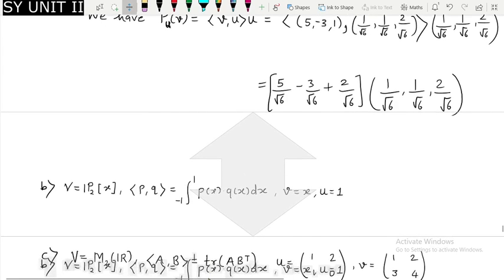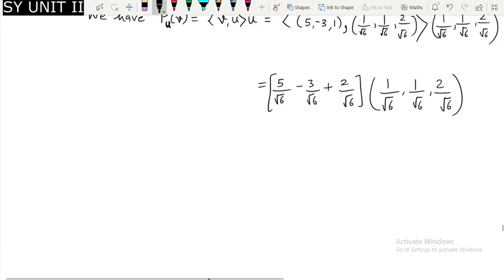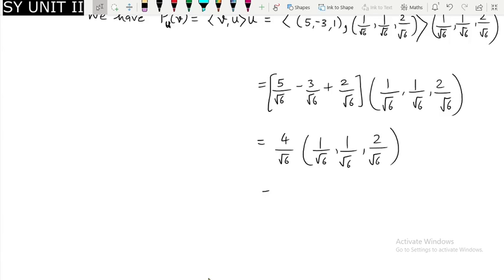So therefore this is equal to 4 upon root 6 inside the bracket 1 upon root 6, 1 upon root 6 and 2 upon root 6, so which is equal to, so root 6 times root 6 will be 6, so I guess it will be 4 upon 6 comma again 4 upon 6 and comma 8 upon 6, so which when simplified will be equal to 2 upon 3, 2 upon 3, and I guess it will be 4 upon 3.